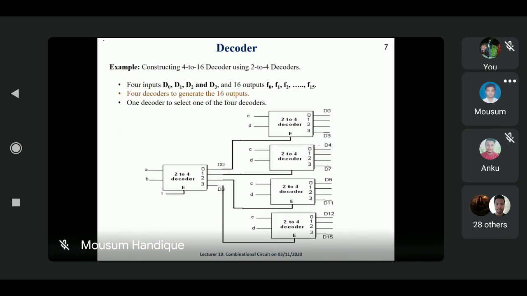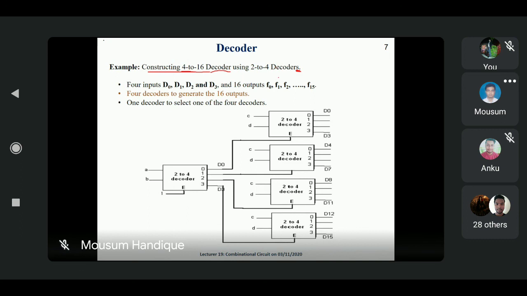Now, this is one example: constructing a 4 to 16 decoder using 2 to 4 decoders. Our main objective is to construct the 4 to 16 decoder with the help of 2 to 4 decoders.